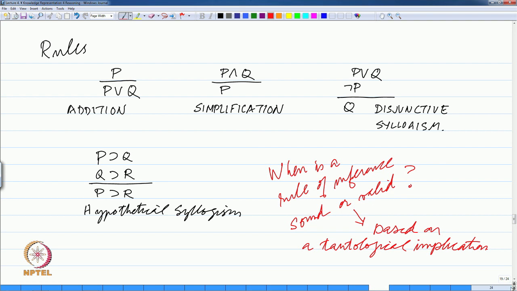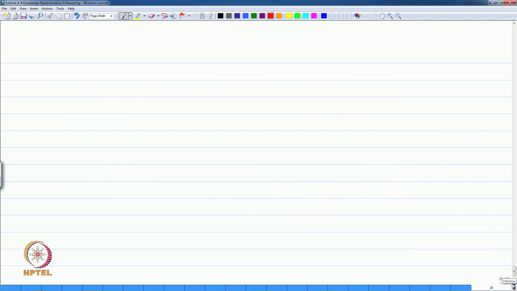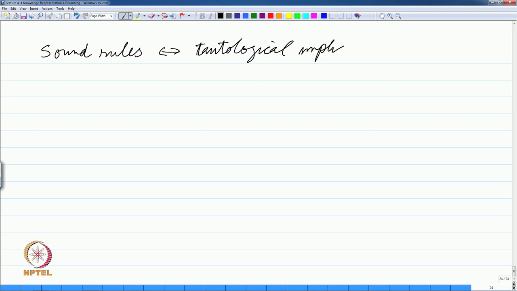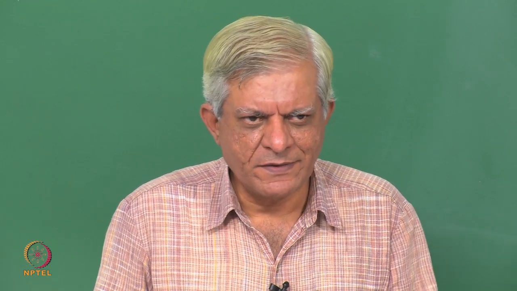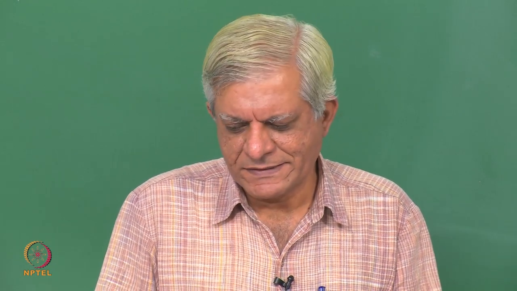So, what do we mean by that? Basically what this means is that it must be based on a true statement and the true statement must be of the form where the main connective is an implication essentially.